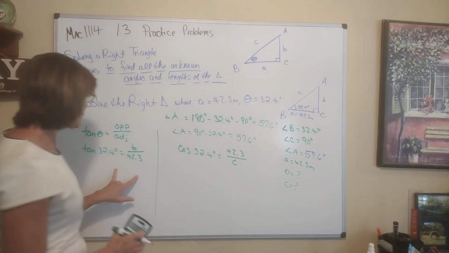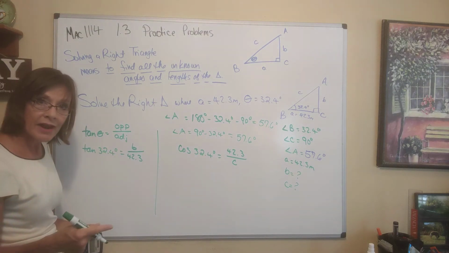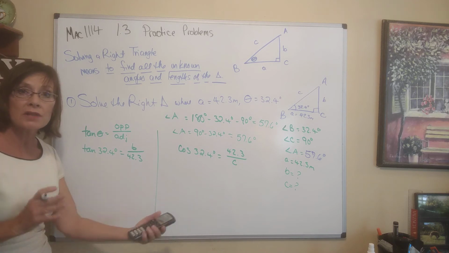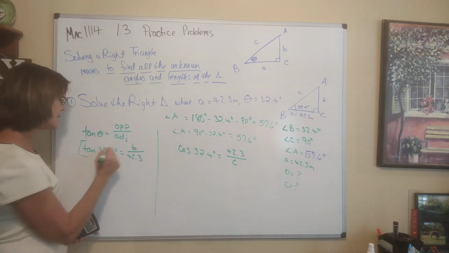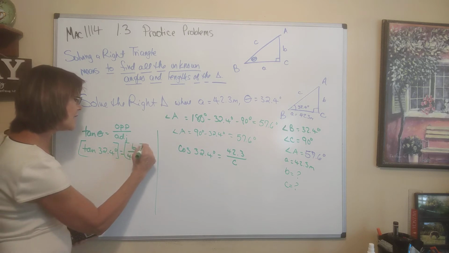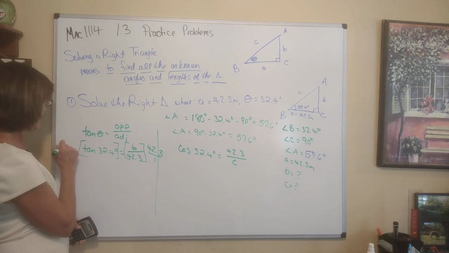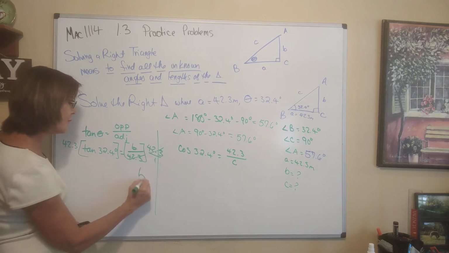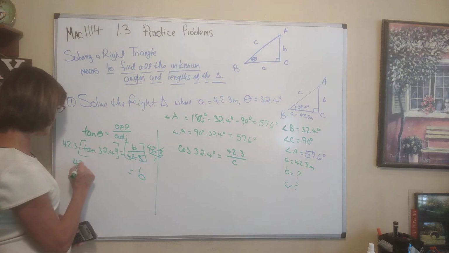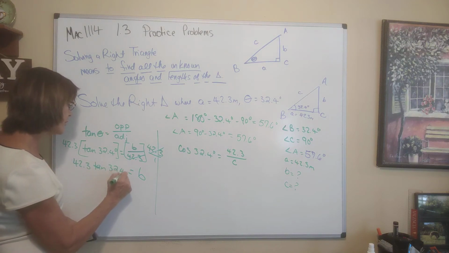How would we solve this equation? Whenever I have a fraction, I like to kill that fraction. You do that by multiplying both sides of the equation by the denominator. So I'm going to multiply both sides by 42.3. Over here, these cancel. I just have B is equal to 42.3 times the tangent of 32.4 degrees.